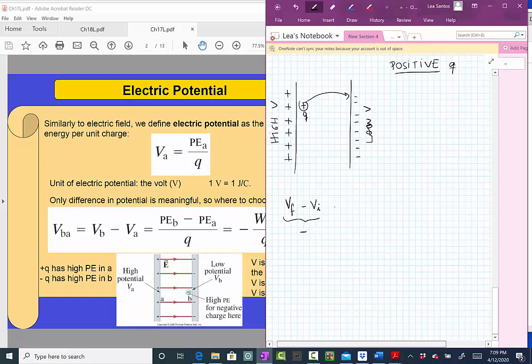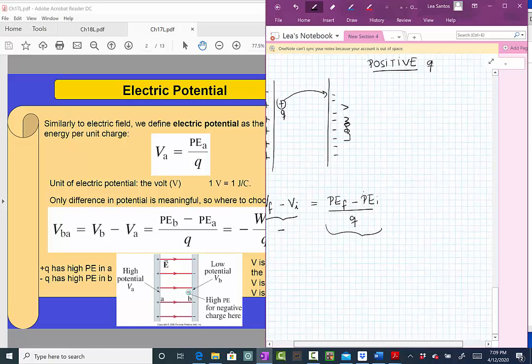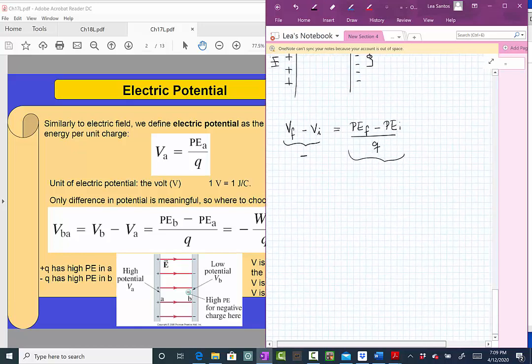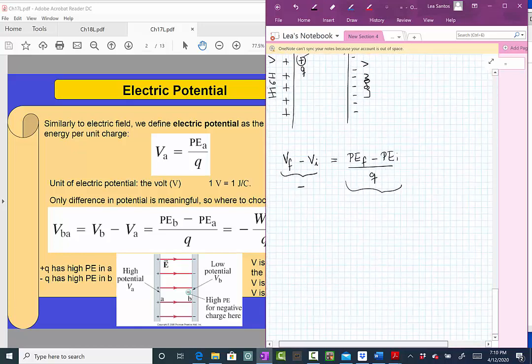Using the definition of potential, which is potential energy divided by Q, I'm going to write that this change in potential is equal to the final potential energy minus the initial potential energy, divided by Q. Again, this result is going to be negative. Everything is making sense because the positive charge, as it moves naturally, loses potential energy.